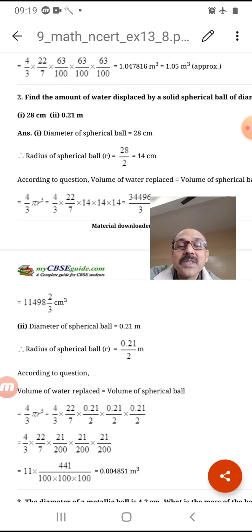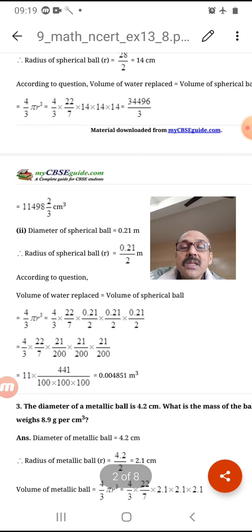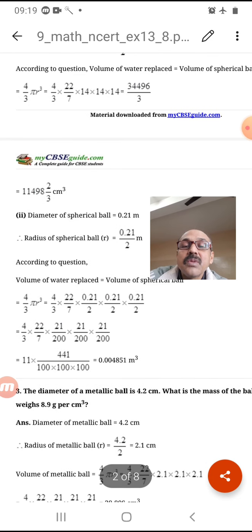Now second one is, diameter is 0.21 meter. So radius is 0.21 by 2 meter. Now according to question, volume of water replaced means volume. So 4 by 3 pi r cube, 4 by 3 pi is 22 by 7, and radius is 0.21 by 2, 0.21 by 2 and 0.21 by 2.